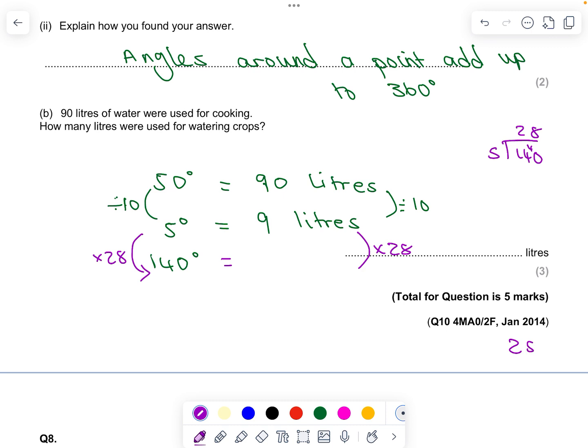So I can just quickly work out what 28 times 9 is. Gives me 252. So 252 litres. And there are different ways you could have worked it out. I think some of you might have worked out what 1 degree equaled and then multiplied by 90. Lots of different ways you could have done it. So 252 litres.